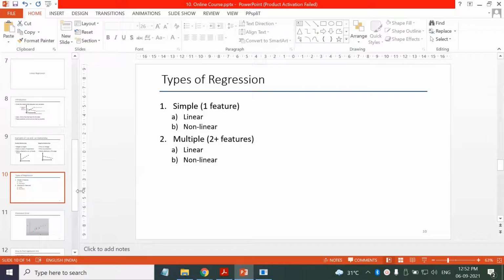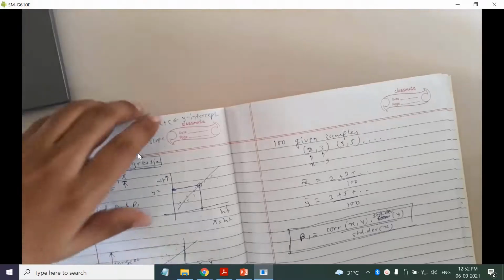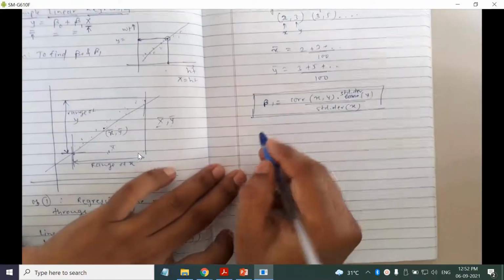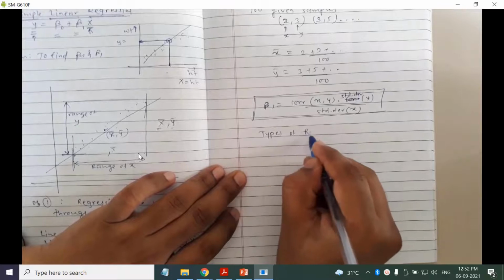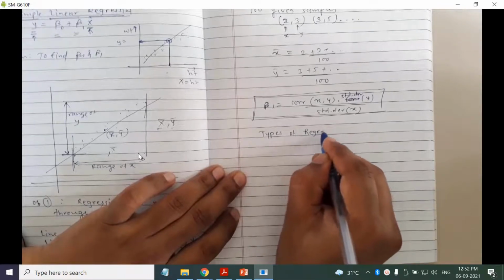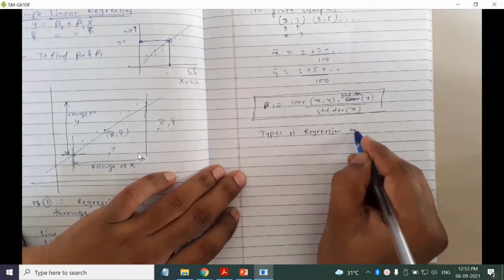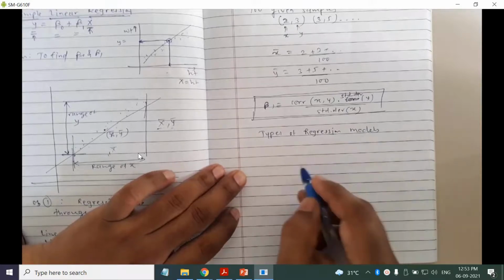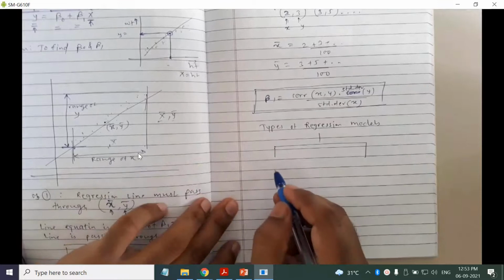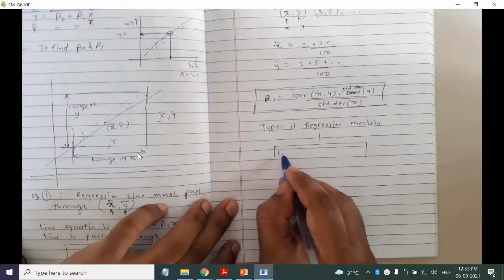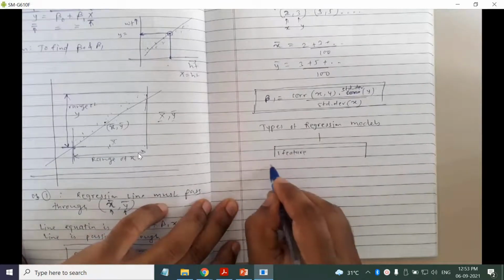Now we have different types of regression. I missed that point. So, different types of regression models. When you consider only one feature, that model is known as simple regression.